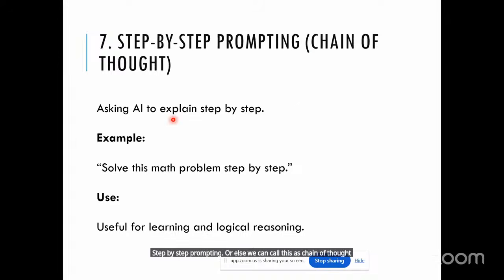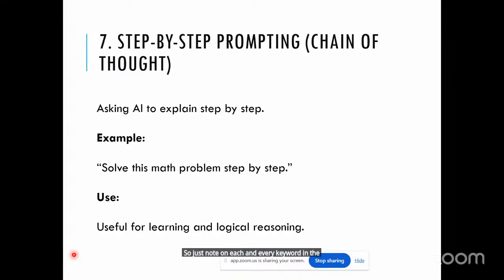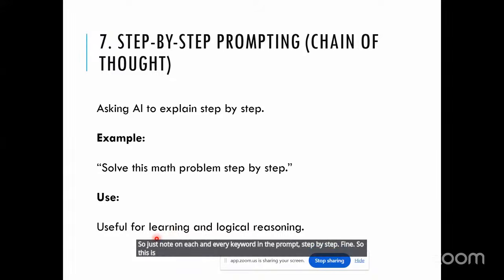So asking AI to explain step by step. For example, solve this math problem step by step. Okay. So we are asking the AI to explain this mathematical problem step by step. So just note down each and every keyword in the prompt, step by step. Fine. So this is useful for learning and logical reasoning.